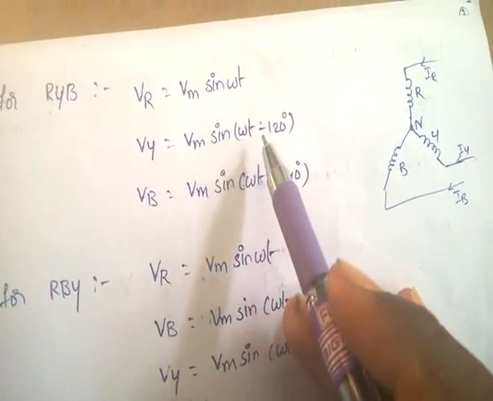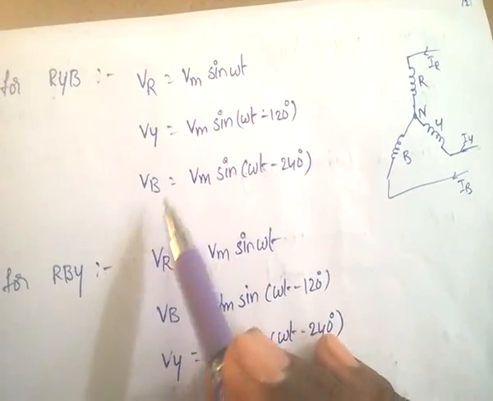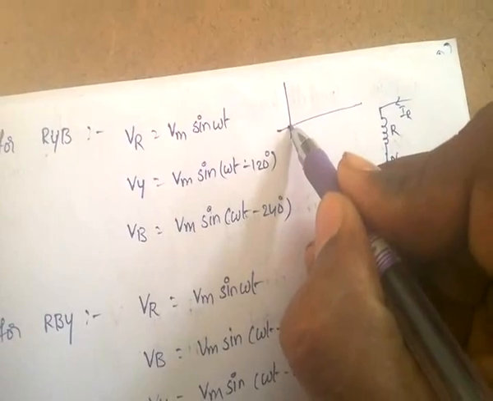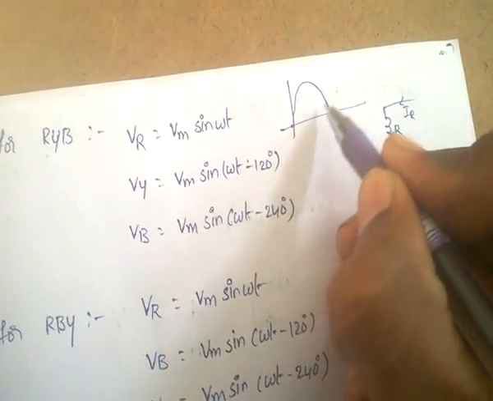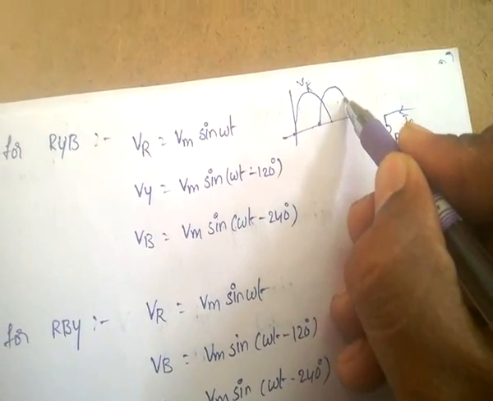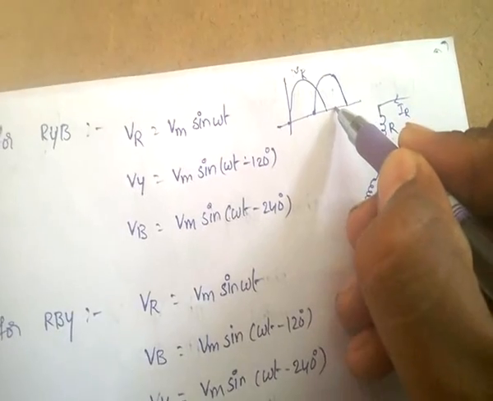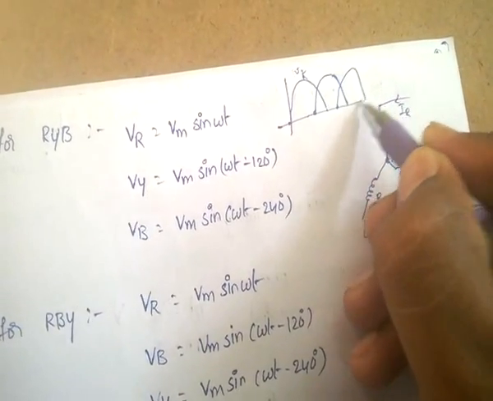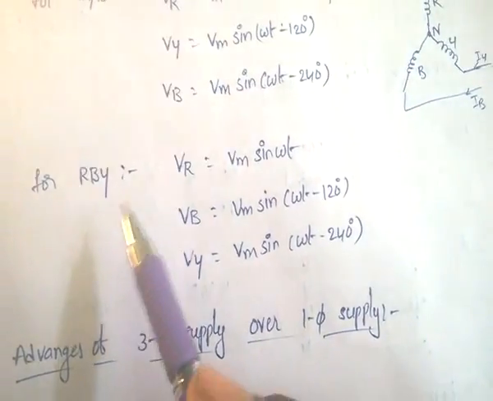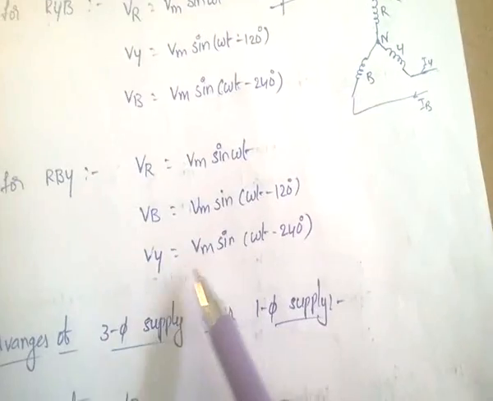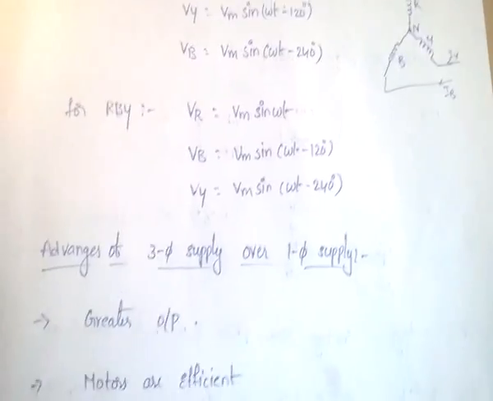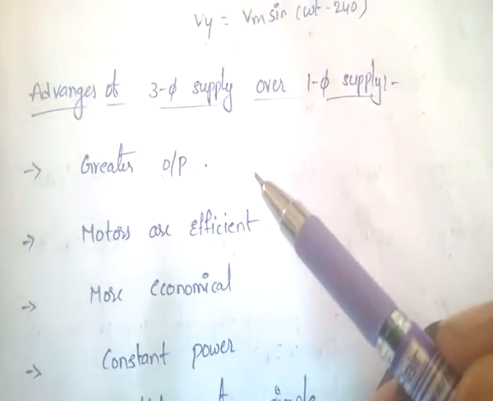Then VY is at omega t minus 120 degrees, and VB is at minus 240 degrees. That means, taking VR as the reference, VY is 120 degrees apart, and after another 120 degrees comes VB. In case of RBY phase sequence, B is at an angle of minus 120 and Y is at an angle of minus 240.